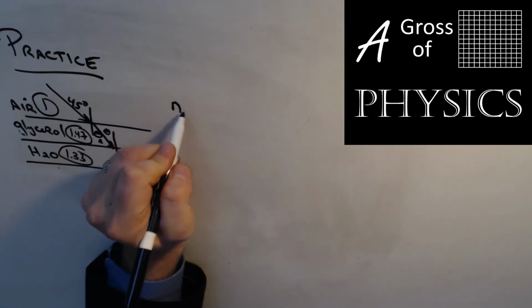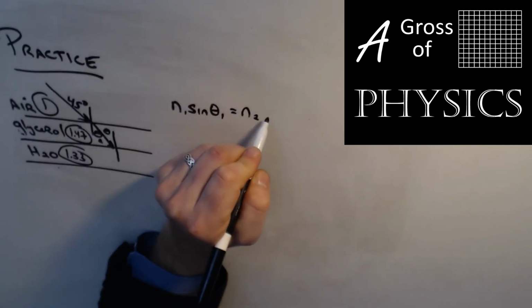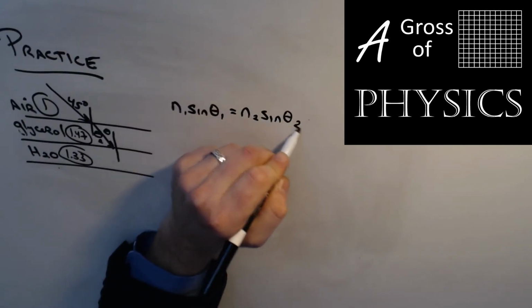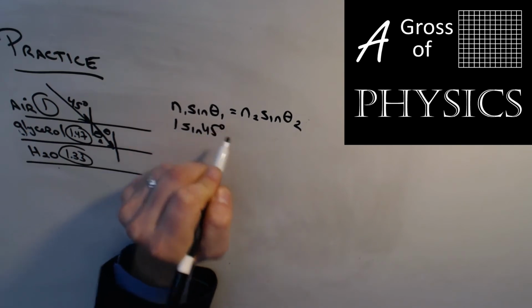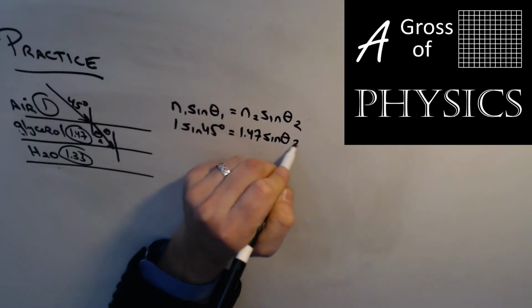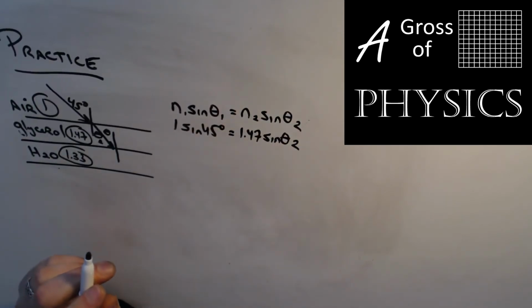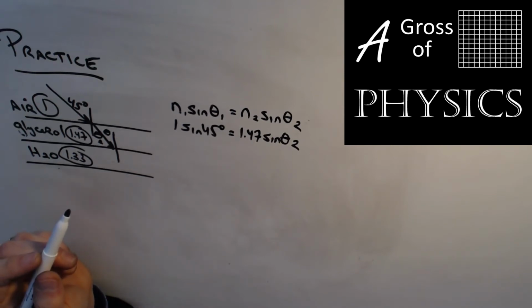And what we're going to need to do is Snell's law for each surface pair. So n1 is 1, sine 45. n2 is 1.47, sine theta 2. We're ultimately going to have multiple problems to solve in this one practice problem.